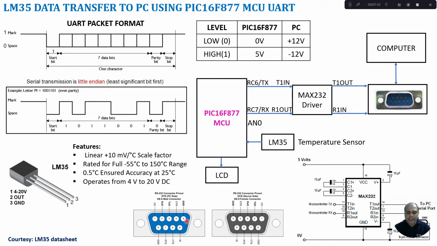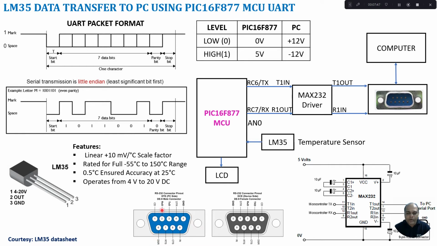The 3 important lines which we will be using are the transmitter line, the receiver line and the ground line. The transmitter line is pin number 3, the receiver line is pin number 2 and the ground line is pin number 5. All the other pins are handshake signals: DTR is data terminal ready, CD stands for carrier detect, RI stands for ring indicator, CTS stands for clear to send, RTS stands for request to send, and DSR is for data set ready.